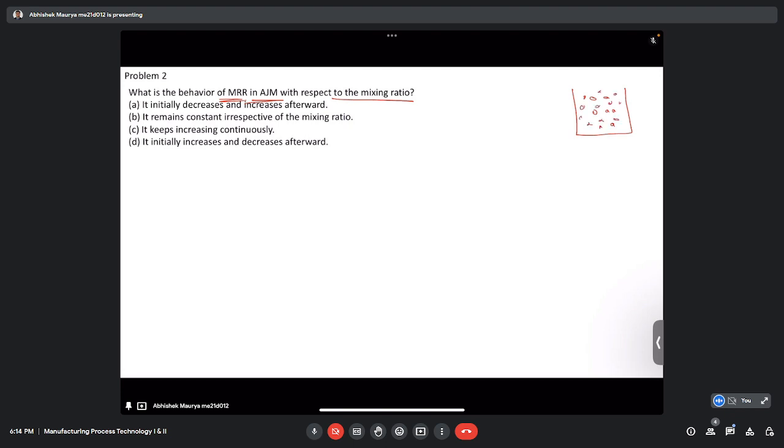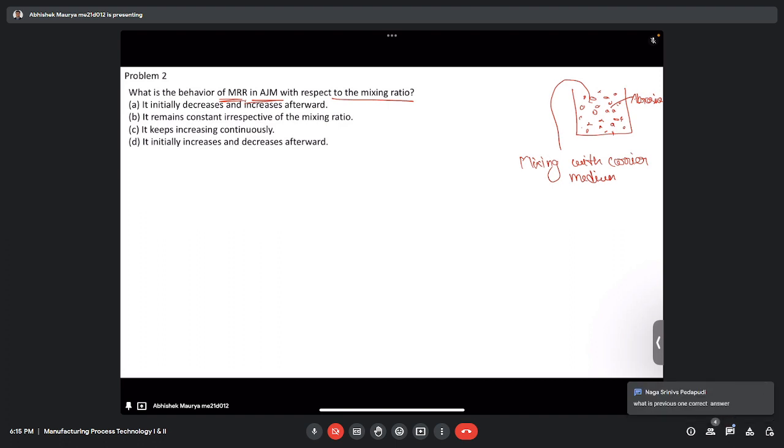It may be air, it may be water, and we mix this abrasive along with the carrier medium, and then we create a jet of the mixture.